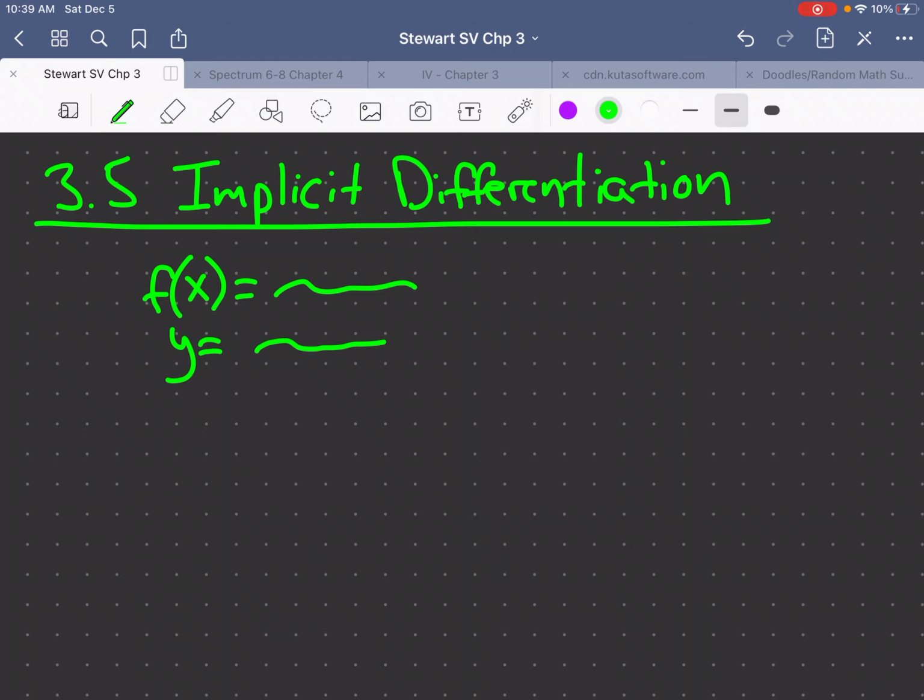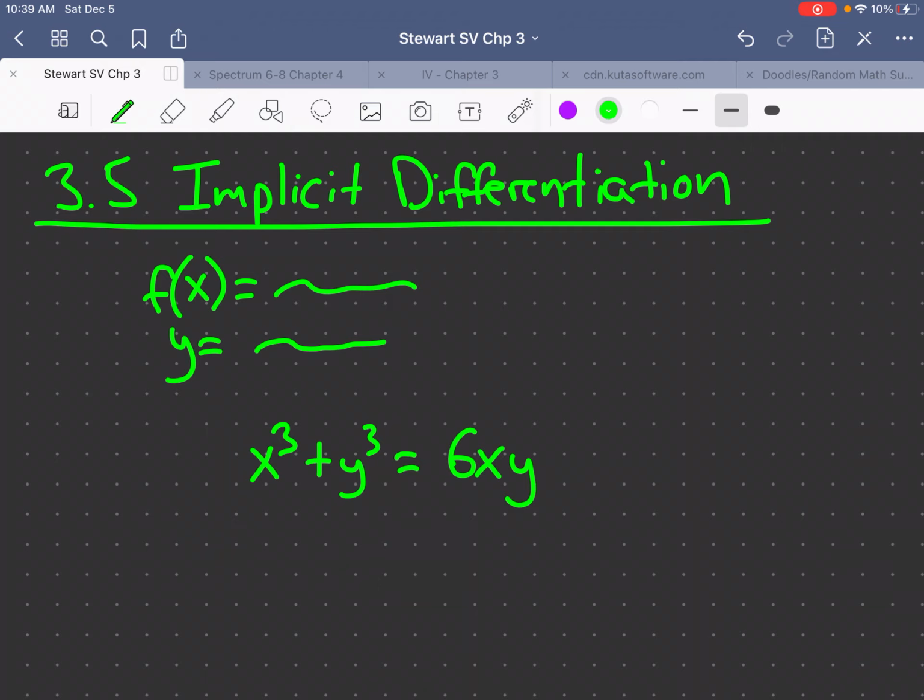I'm going to write out an equation real quick, and then I'm going to talk about how we approach this from an implicit differentiation standpoint. So let's say we have the relation x cubed plus y cubed equals 6xy. Now, this would not be a simple thing for us to solve for y.